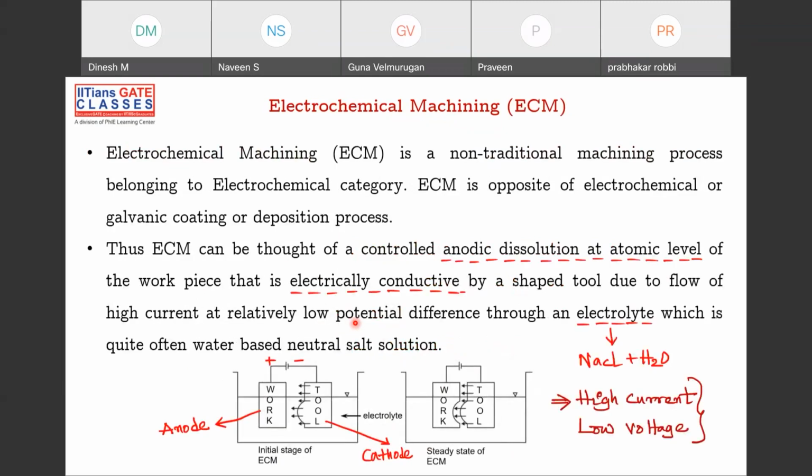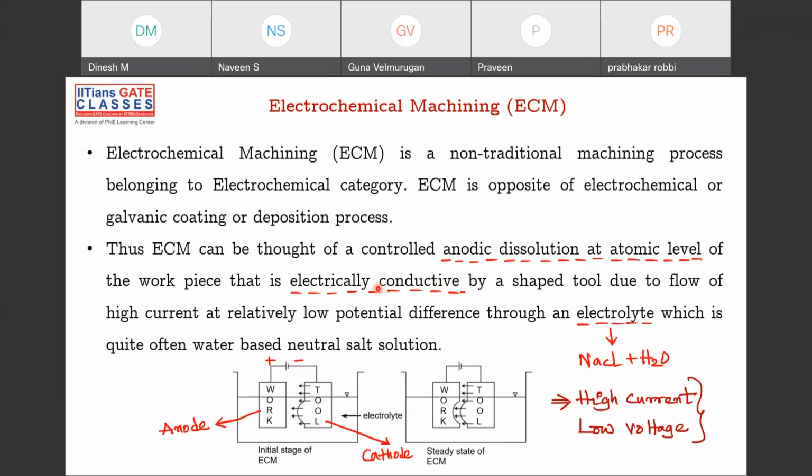Fine. Let's go and discuss a little bit of electrochemical machining. Electrochemical: electricity, so electrical energy; chemical, so chemical energy. So we are trying to use electricity and some chemical processes.